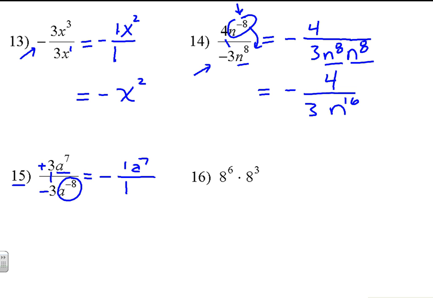These negative 8 a's take the elevator ride up to the top, pay the negative on the way, a to the positive 8. So we end up with negative. I'll get rid of this 1. Don't need a 1 to divide by. How many a's do we have? 7 and 8. 15.